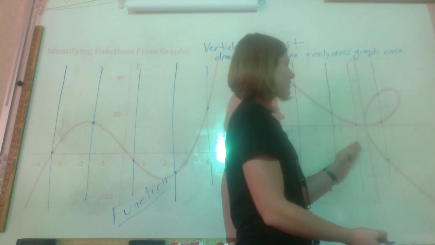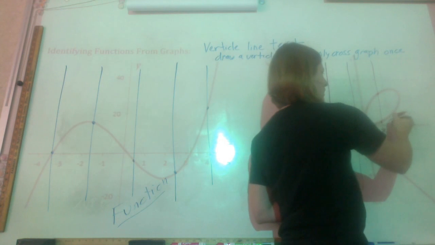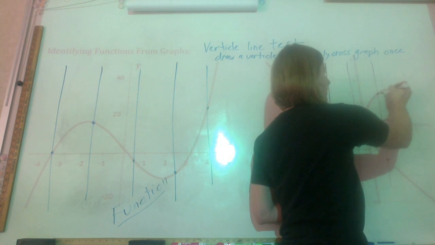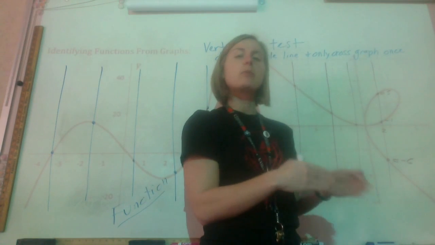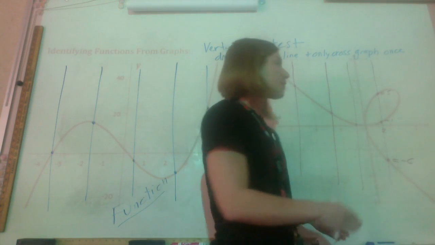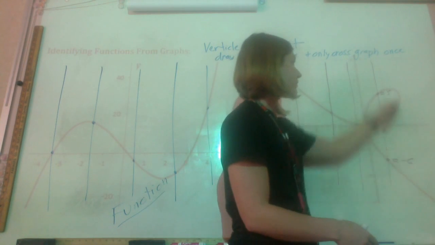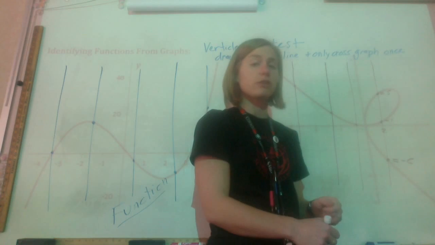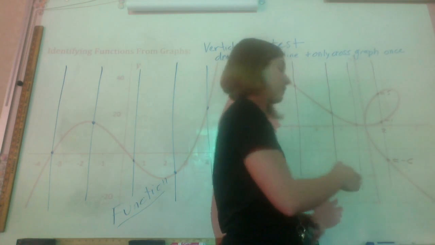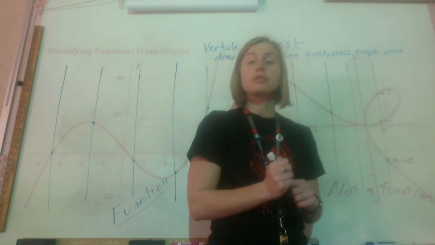Because what that means is where x is maybe, I don't know, maybe this is 2, y is equaling 1 and equaling 5 and equaling maybe -6. You can't have more than one output for every input. So this graph fails the vertical line test because when I drew this vertical line, it crossed the graph in multiple places, and it should only cross once. So this is not a function. And that is it for your introduction to functions.